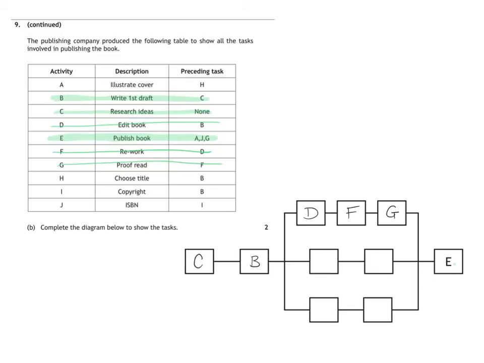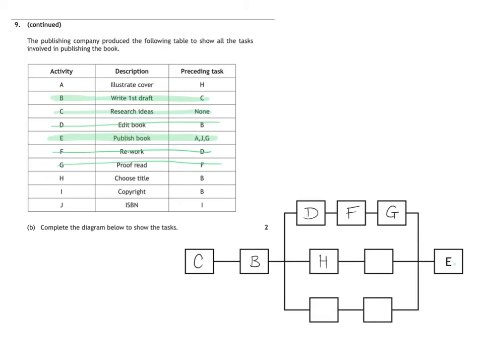And then my last 2, because they're both 2s, it doesn't matter which order they go into. So if I choose my title, I can put that one in my middle row. And the one that requires H to have been done, so that's H, is to illustrate the cover.